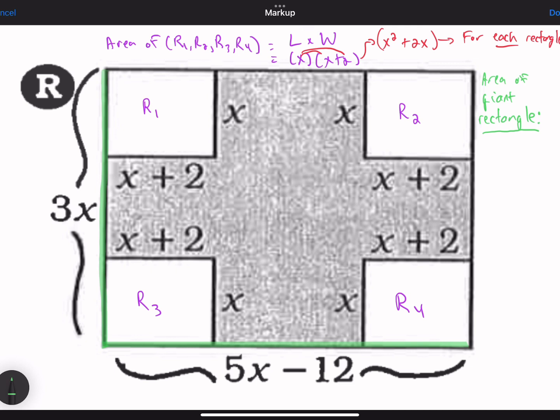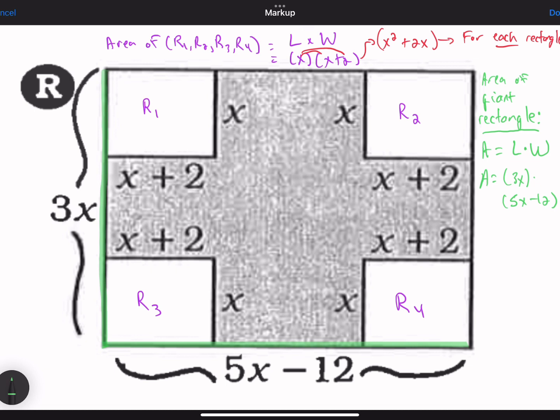Okay, and that is also going to be equal to area equals length times width. And then in this case, the area is going to equal 3x multiplied by 5x minus 12.